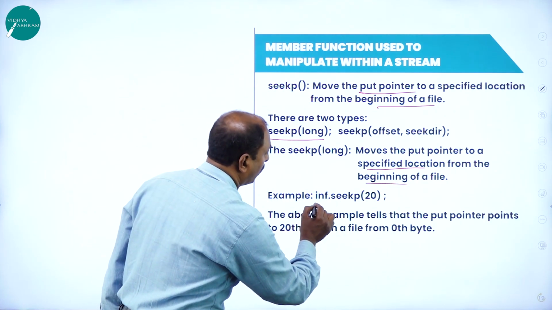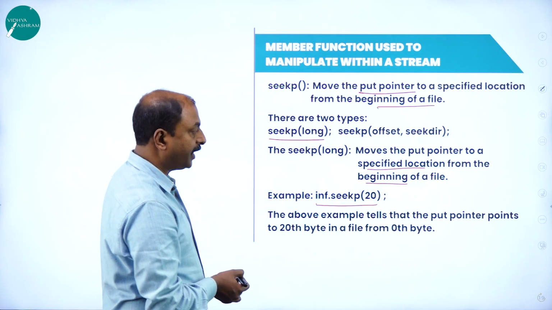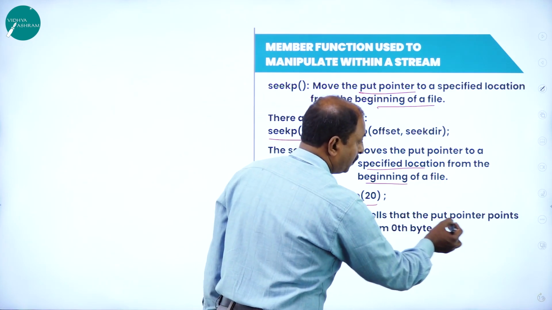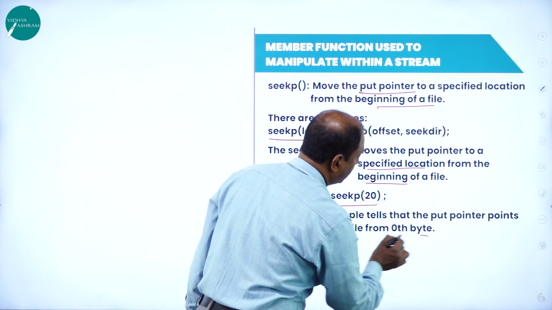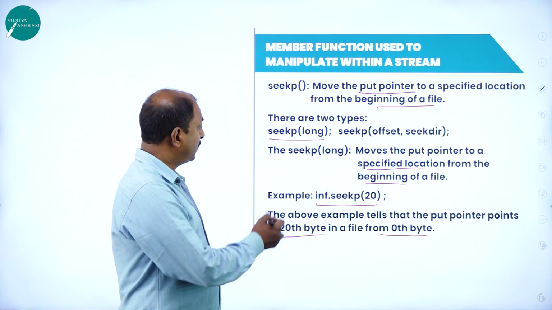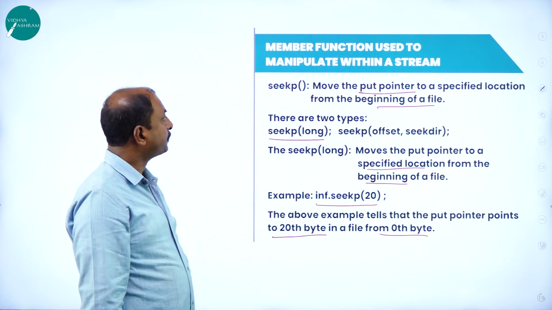Example: inf.seekp(20). It means that the put pointer points to the 20th byte in a file from the 0th byte, nothing but the beginning of the file. So this is the syntax of the seekp and seekp(long) functions.